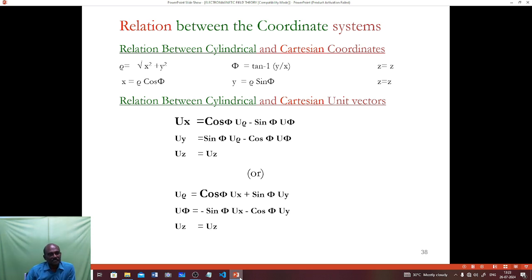And x can be related with the cylindrical parameters rho and phi: x is equal to rho cos phi. Phi, a parameter in both cylindrical and spherical, is tan inverse of y by x, and y is equal to rho sin phi. Then z is the same in both Cartesian and cylindrical.